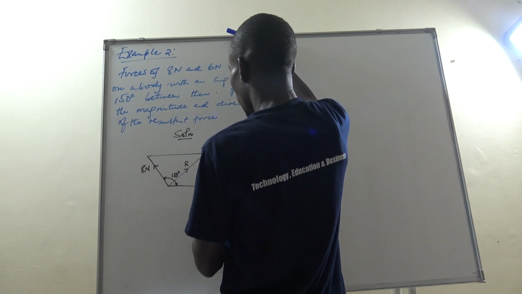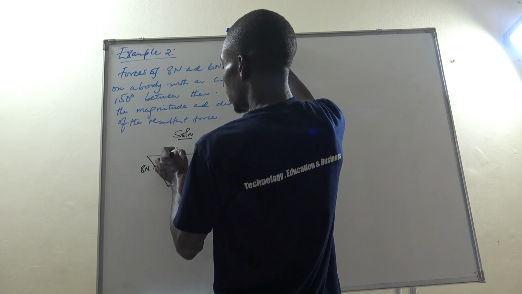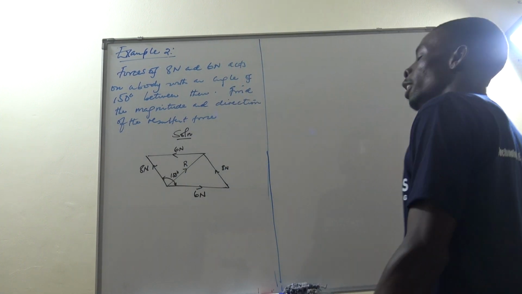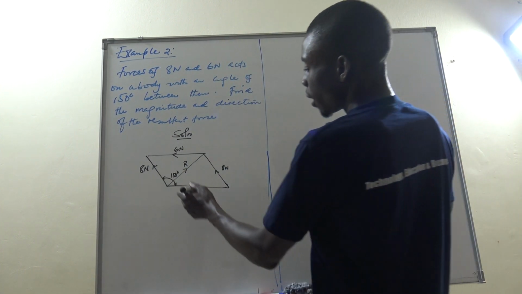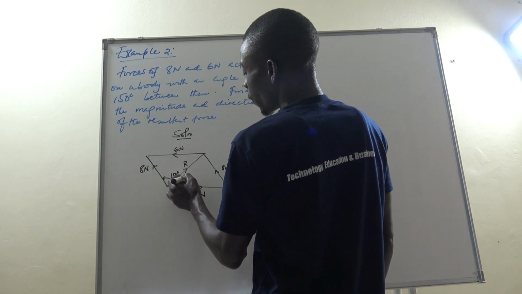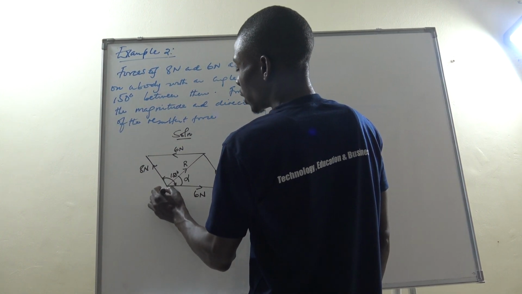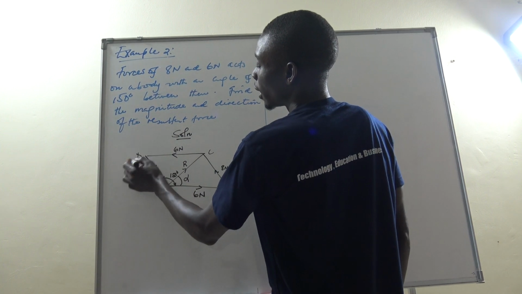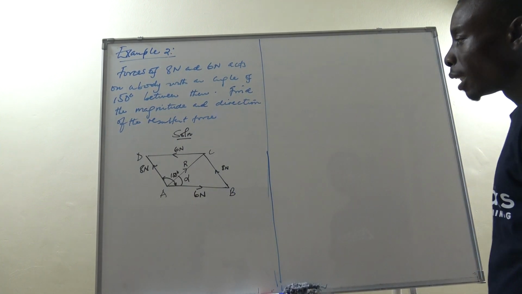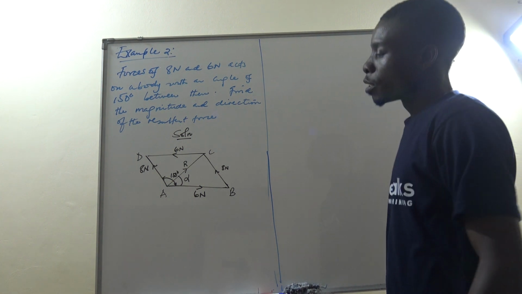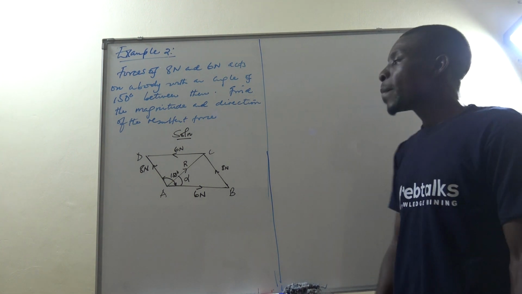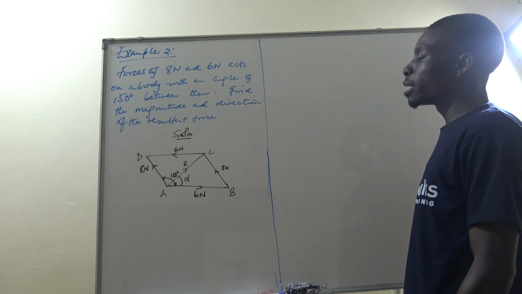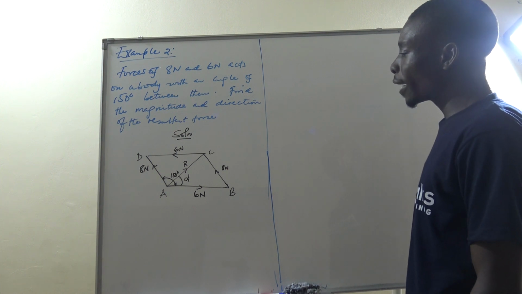This is the 8 Newtons, this is the 6 Newtons, and this is the angle alpha. This is A, B, C, and D. That is how my parallelogram is supposed to look.